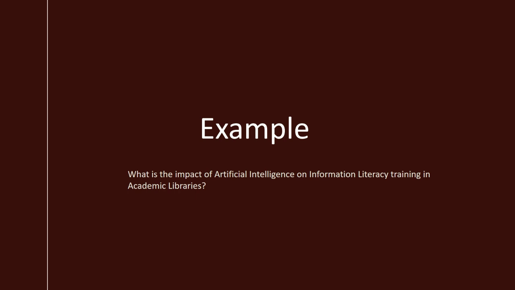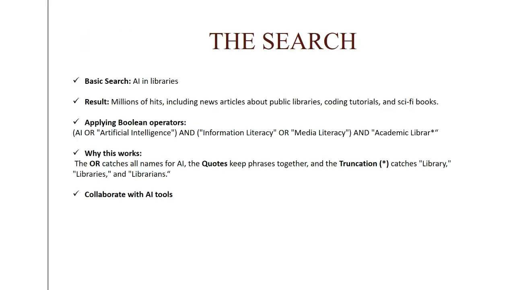So for example, I have this, maybe let's call it an assignment. What is the impact of artificial intelligence on information literacy training in academic libraries? So a basic search could be just AI in libraries.